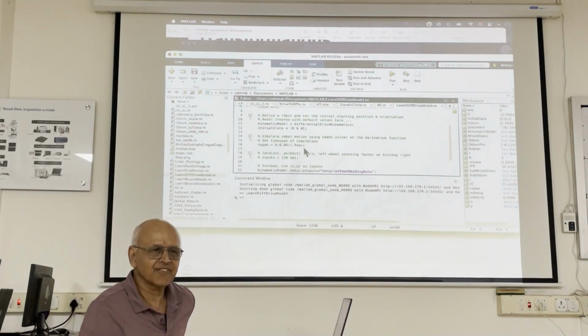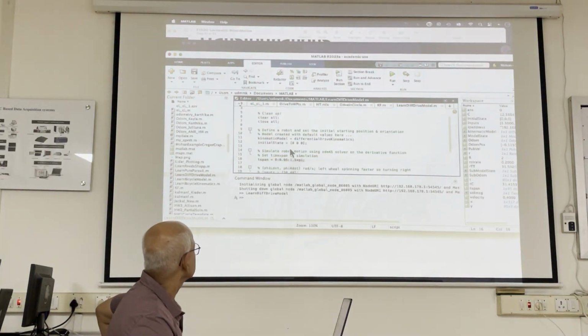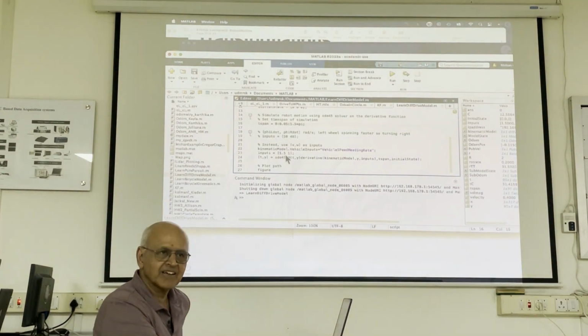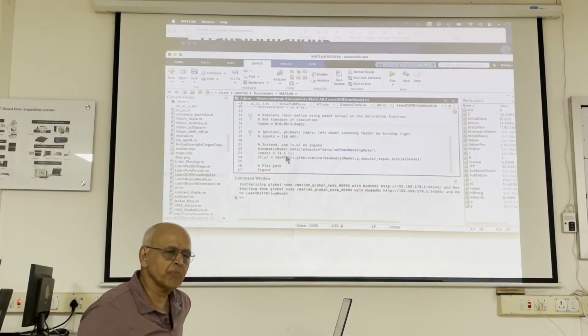So ask yourself, how long will it take for this robot to go a full circle? First of all, what is the radius? Here are my speeds. Radius is 1.5, right? 2 pi times the radius gives me the whole thing. So what is 1.5? It's 3/4, isn't it?